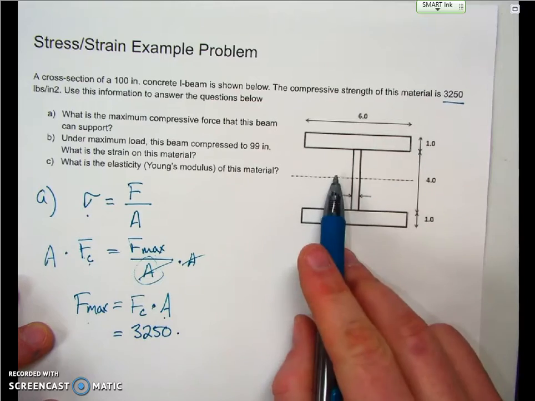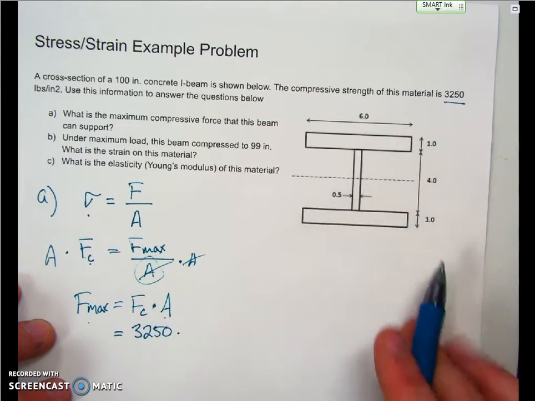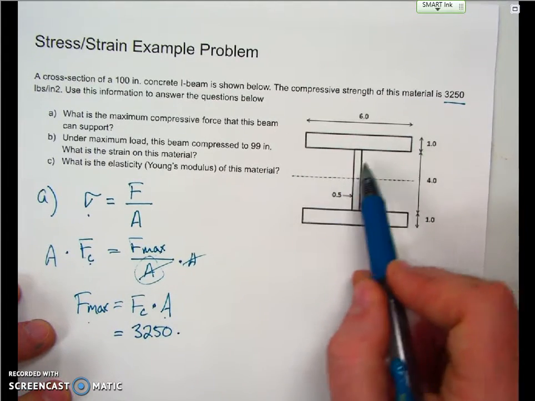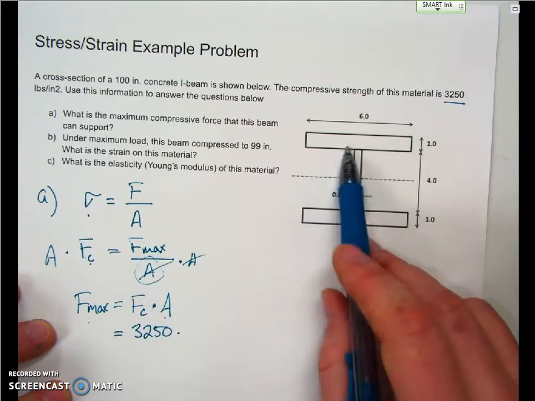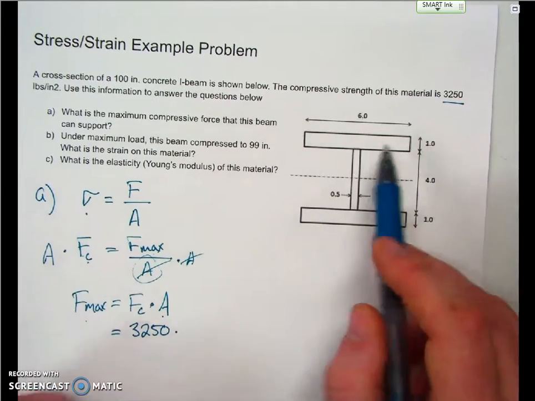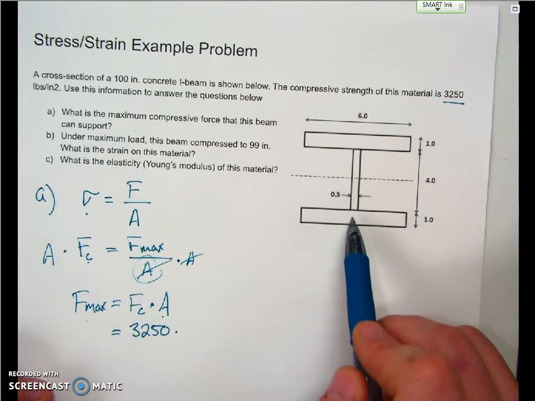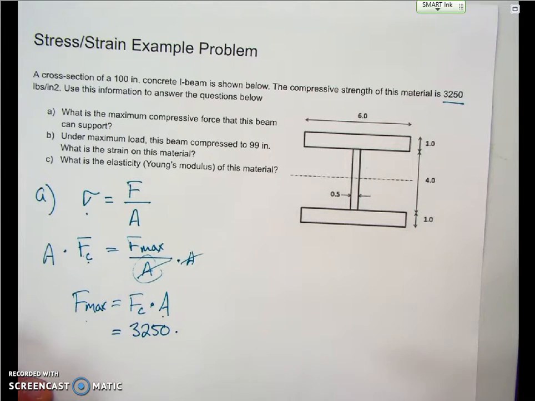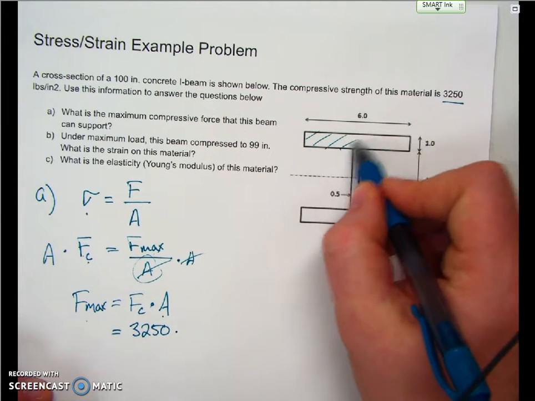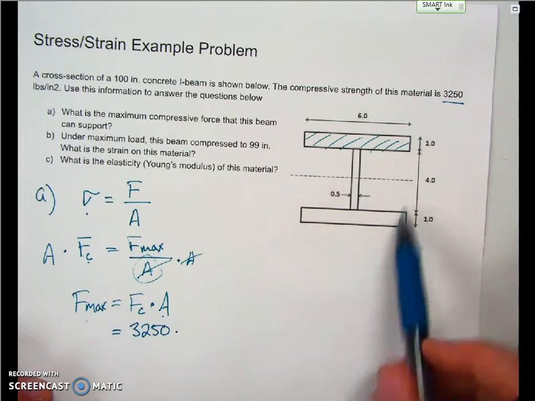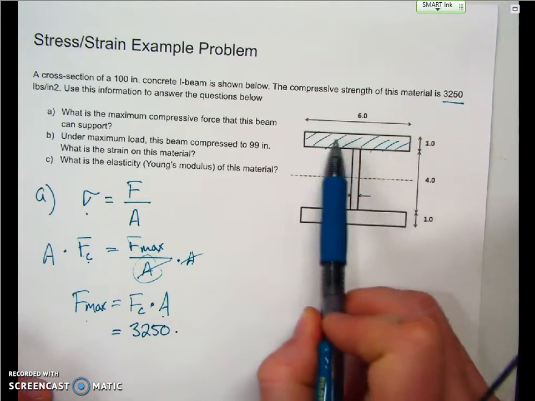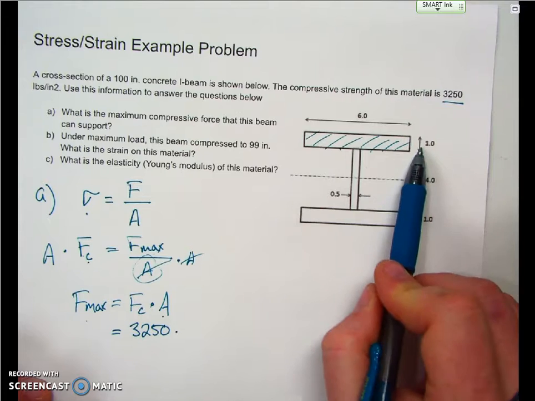So going back to this cross-section, it may look a little tricky to figure out how much material is inside this I-beam, but it's actually, break this down, I've got 1, 2, 3 rectangles. If I start with this rectangle on the top, I've got something that's telling me the length of that rectangle and the width of that rectangle.